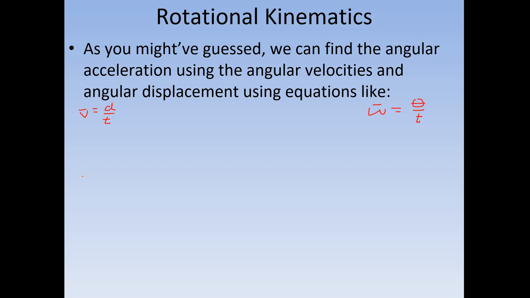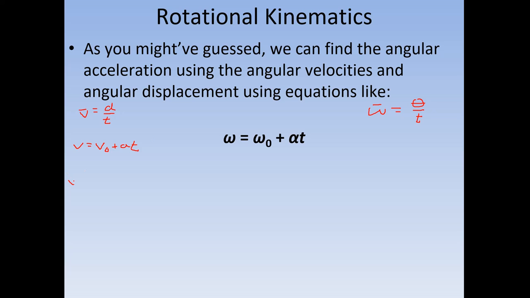Well, it turns out that a lot of the equations that we have for kinematics can work the same way. For example, we have the acceleration equation, which is v equals v naught plus at. Well, what I can do is replace the v and v naught with omega and a with alpha to get our first angular acceleration equation.